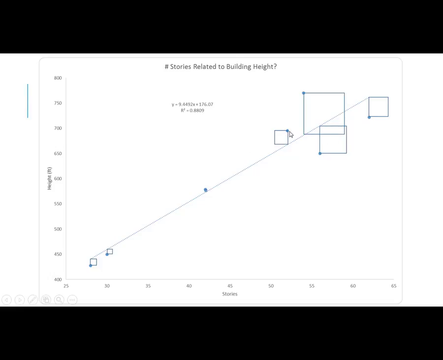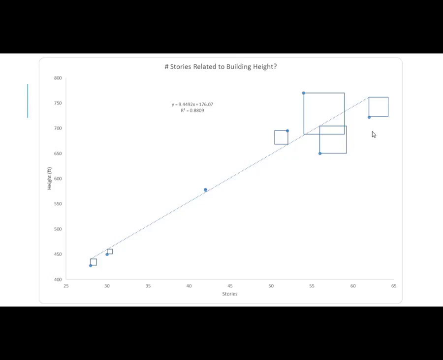I did that so that it wouldn't overlap with these other squares to make it look too messy. So don't get hung up on that. Instead, just notice that what we're doing is we're finding the areas of these squares, adding them up, and this line that is shown here happens to be the one that minimizes the sum of all of those 7 squares. So that's what we want to do.